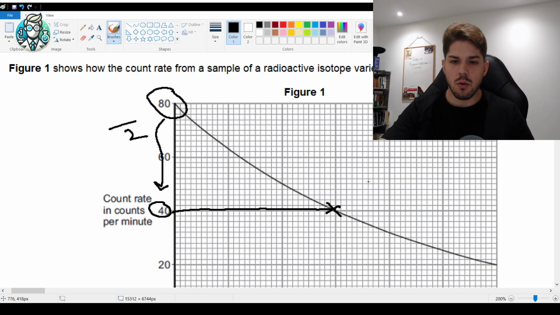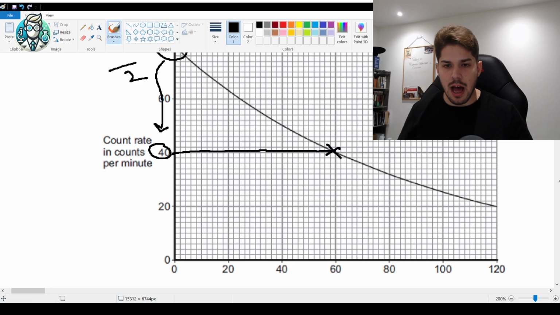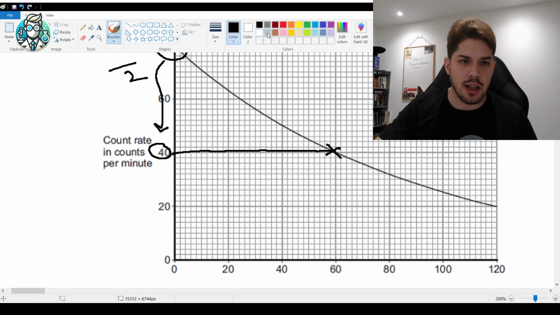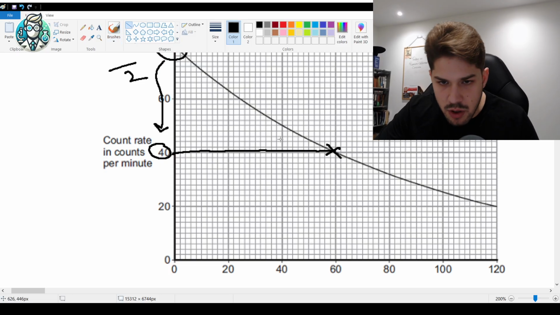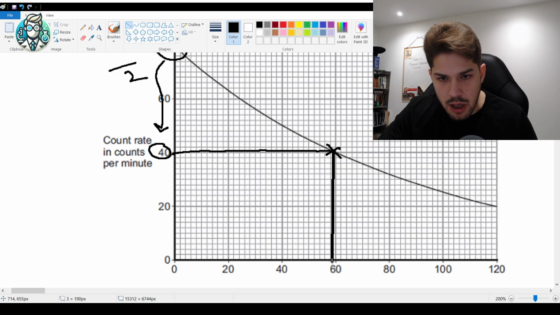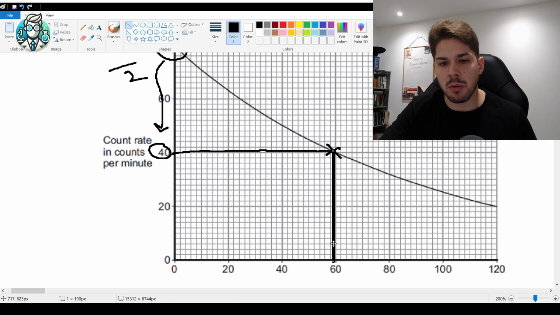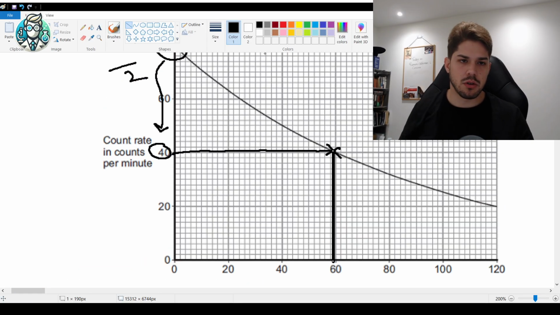So then we scroll down and we see how long does it take to reach that point. Again, if you have a straight line, it's better. I think I can do a straight line. Let's say there is the point, so the straight line will be something like that. In days, it will be approximately 59 days, approximately between 50 to 60.